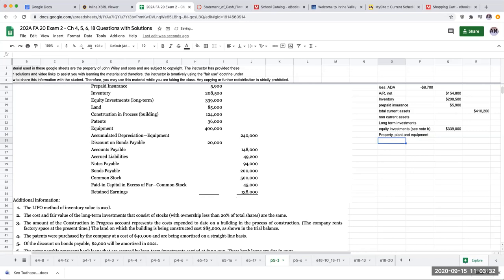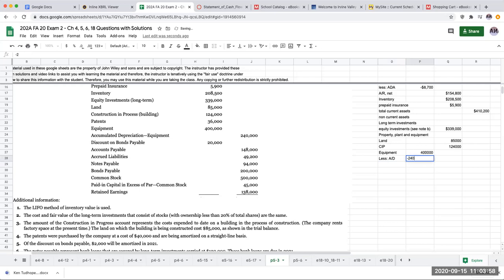So we'll start up here with land of 85,000. We'll then have construction in process for the building of 124,000. We'll then have equipment, which is going to be 400,000, less accumulated depreciation.